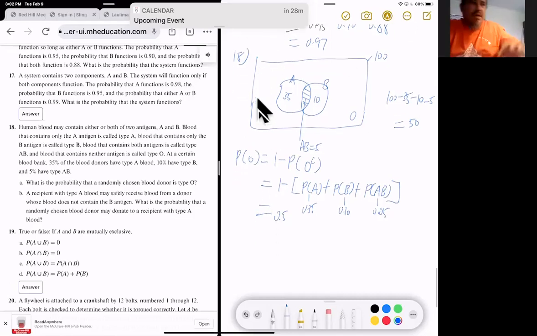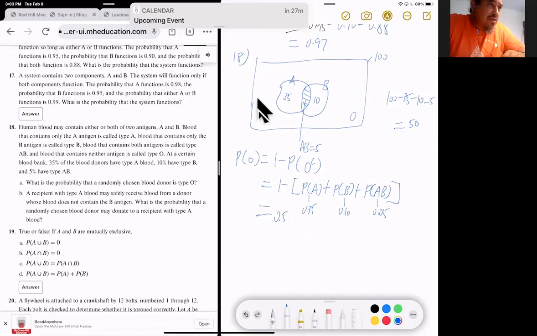I'm not understanding. So you put the probability of O. Is that what the P(O) stands for? Yes. So blood type O does not have A or B. You know, this is about understanding people's blood type.